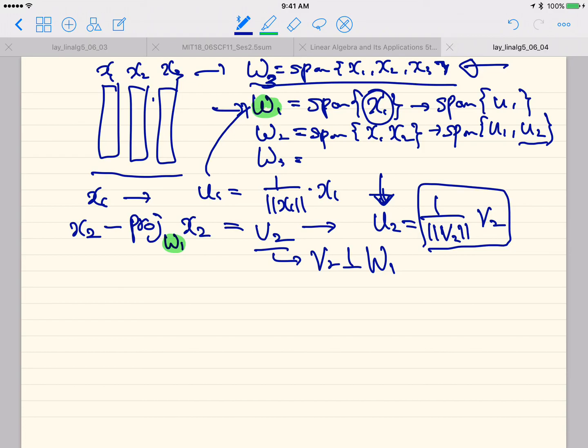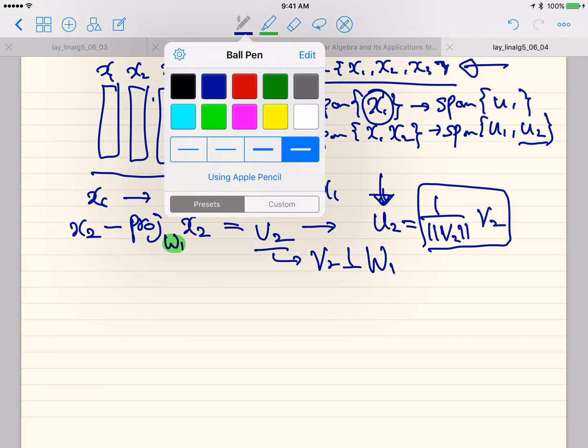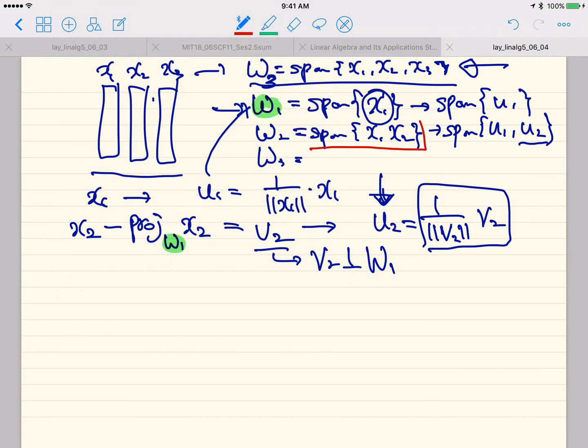Okay, so the question is, are these two subspaces the same? So again, W2 is spanned by these first two vectors, right? So we are thinking about this plane. And then we scaled the direction of the first vector, the length of this first vector.